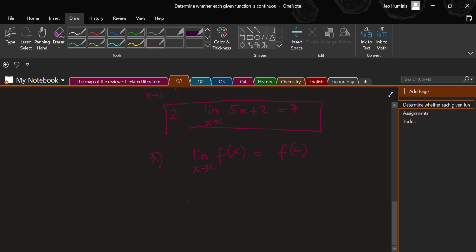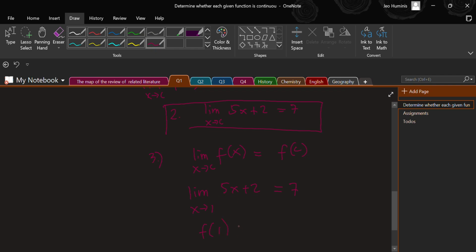Since the limit of 5x plus 2 as x approaches, what is the value of our c? 1, is equal to 7, then f of c is equal to f of 1.